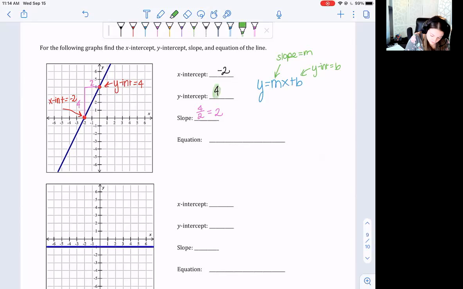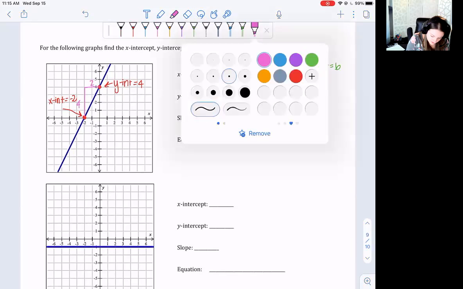The b is the y-intercept, this guy right here. I should not have done pink on pink, but too late for that.